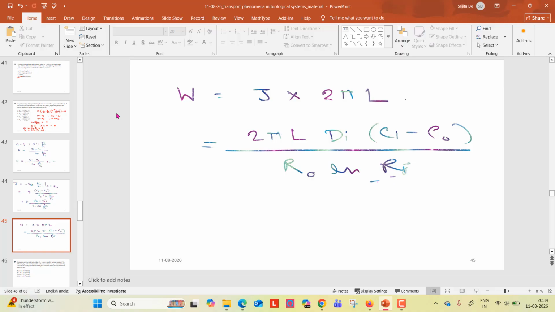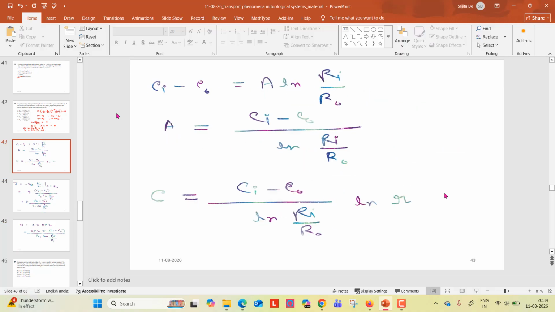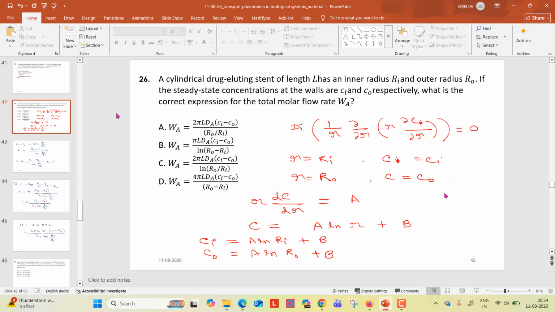So this term is option C. I think one Ro is missing, but still it is close to that, right?